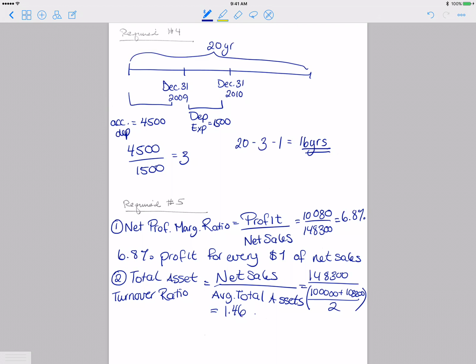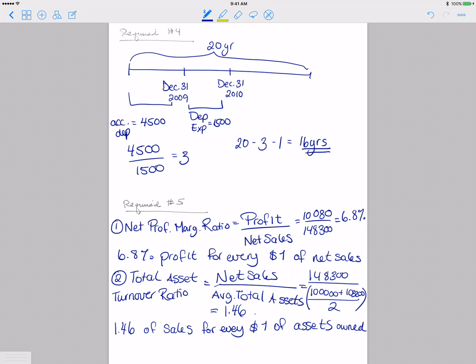What does this mean? We earn 1.46 of sales for every $1 of assets that we own.